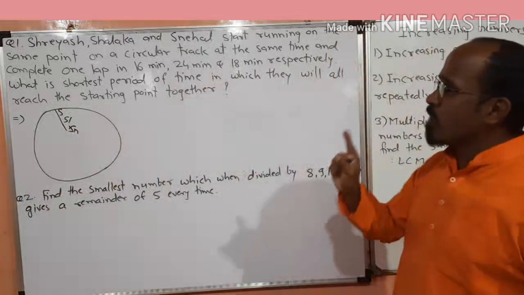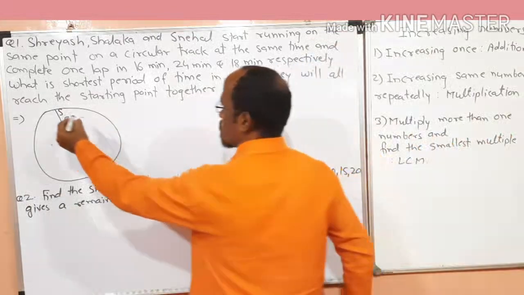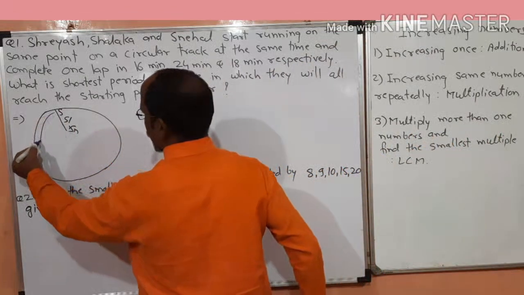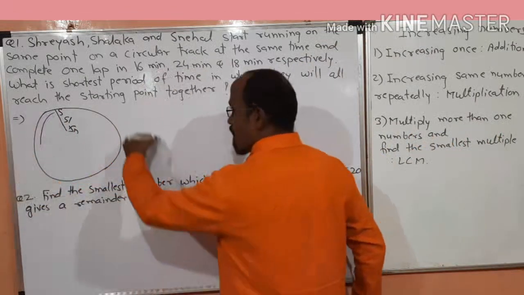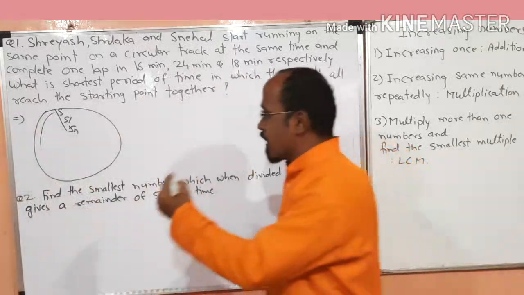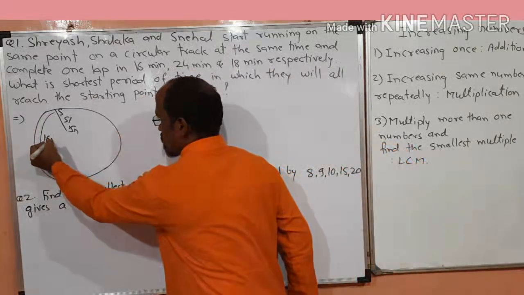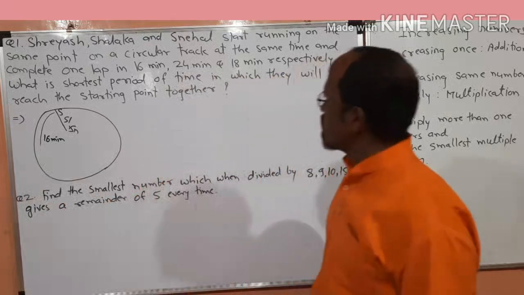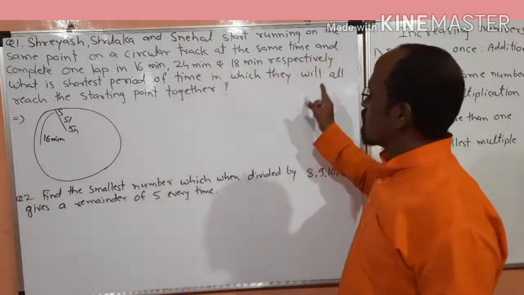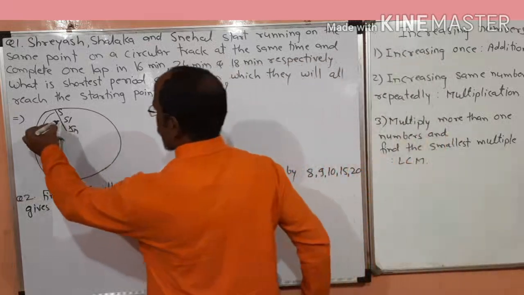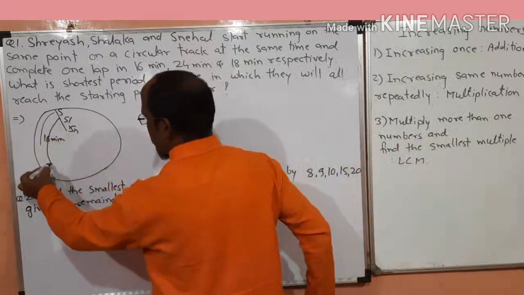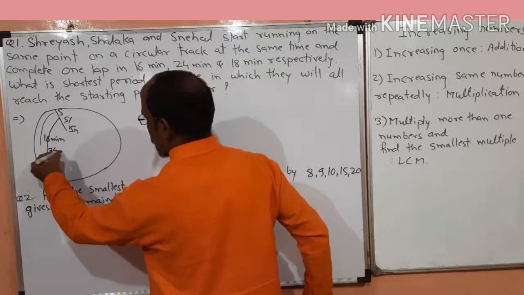Then what happened? They complete 1 lap in different times. The first person, Shreyas, completed 1 lap, meaning he came to the same point, after 16 minutes. The second person, Shalaka, completed it in 24 minutes.